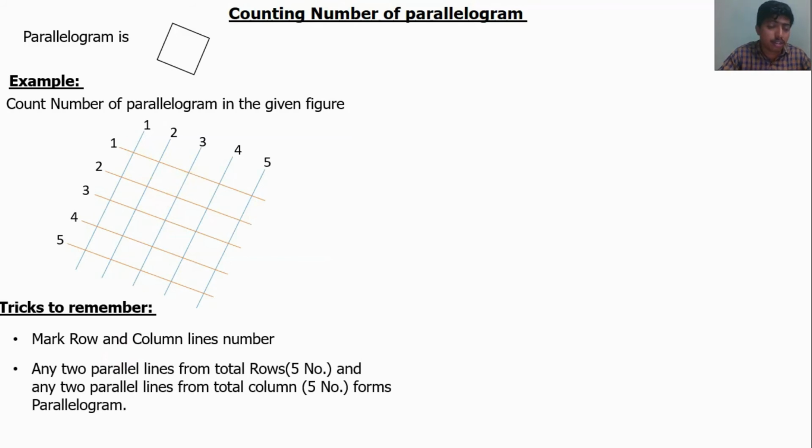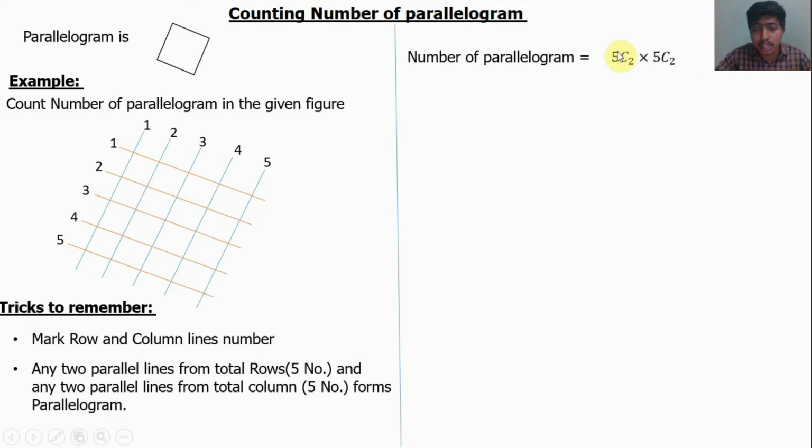Any two lines from the total rows and any two lines from the total columns create a parallelogram. So the formula is 5C2 into 5C2. 5 means here 5 rows are there. From the total number of rows, any 2 rows, and from the total number of columns, any 2 columns.